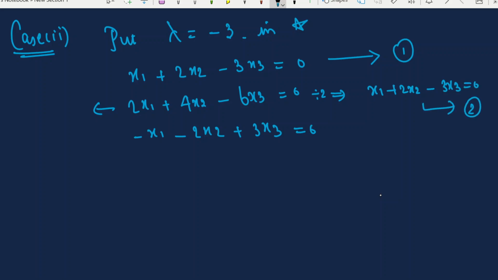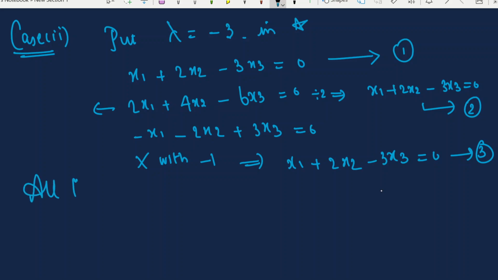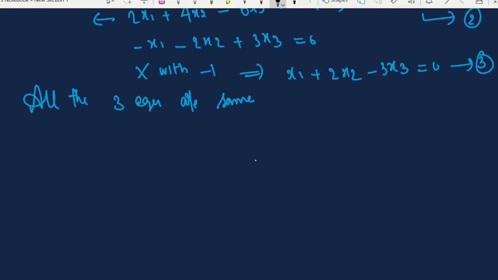And here, if you multiply this equation with negative 1, what will happen? x1 plus 2x2 minus 3x3 equals 0. So all the three equations are the same. If you are having all the same equations, what will be the result?